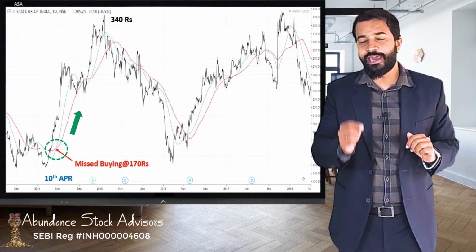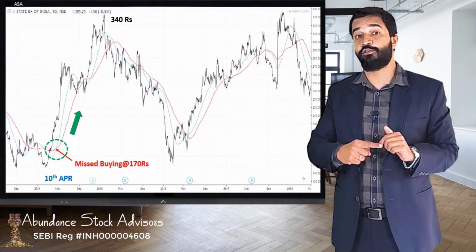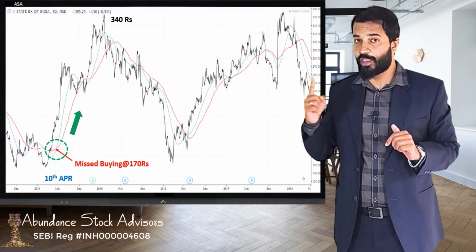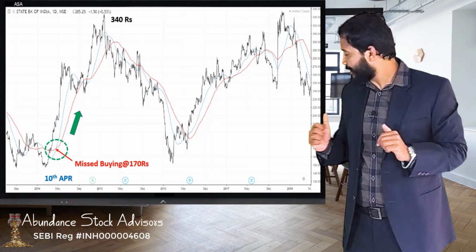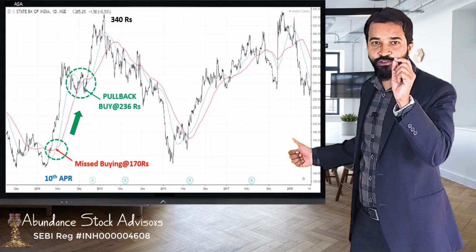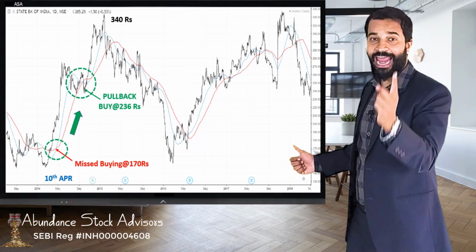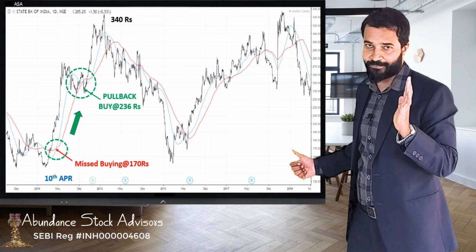Now, where could you have entered into this stock when it was rallying from 170 to 340? During a pullback. So as seen in the chart, the pullback happened on 14th August 2014, where the price pulled back to the 50-day moving average and came to rupees 236 levels.